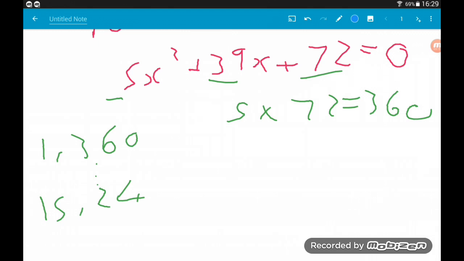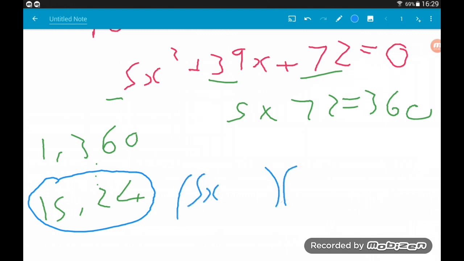So what we now do, now we've got these 2 numbers, we open 2 sets of brackets, and each bracket has the same number of x in as the quadratic has x squareds. So the quadratic has 5x squareds, so we open 2 brackets, each with a 5x inside them, like that, and we still have r equals 0.